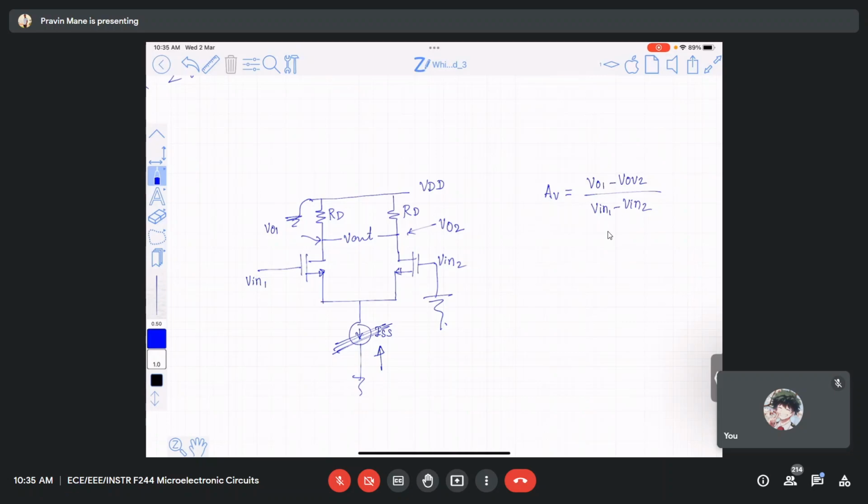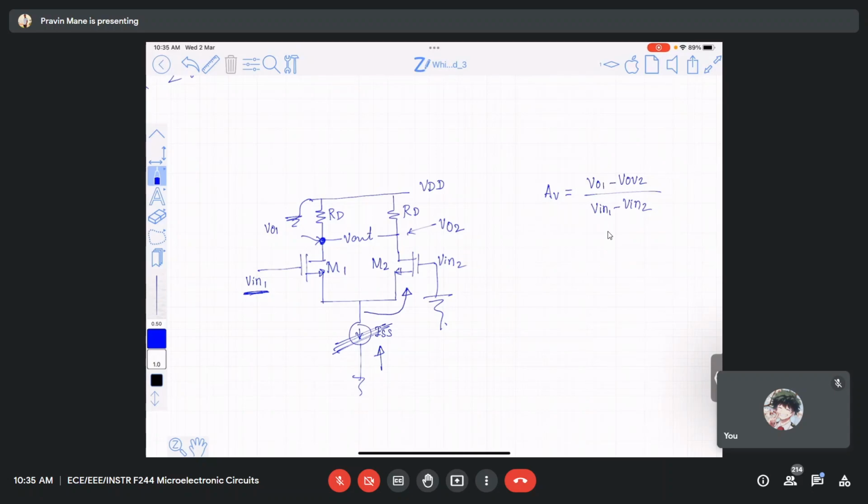Now suppose the input is applied here and the output voltage is taken at the drain of transistor M1. What kind of amplifier configuration is it? Common source. What is the value of the resistance present in the source of M1? Sir, the source would be 1 by GM1. I should find out the resistance looking from this side.